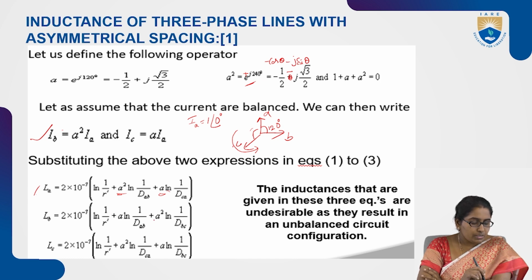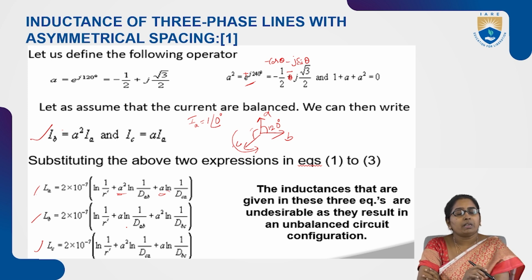This is the expression for LB, the inductance of conductor B, and similarly for the inductance of conductor C. So this is for a three-phase unsymmetrically spaced transmission line.